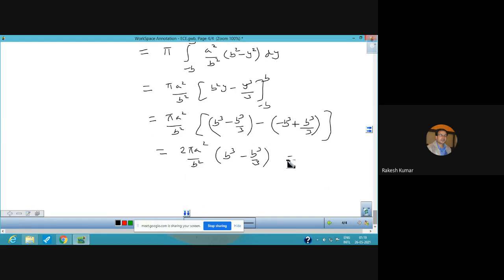So after solving this, 3 minus 1 is 2, and 2 into 2 is 4 pi a square b upon 3. This is the required volume of the revolution of the ellipse about the y-axis. In this way, we can find the volumes of solids of revolution also.